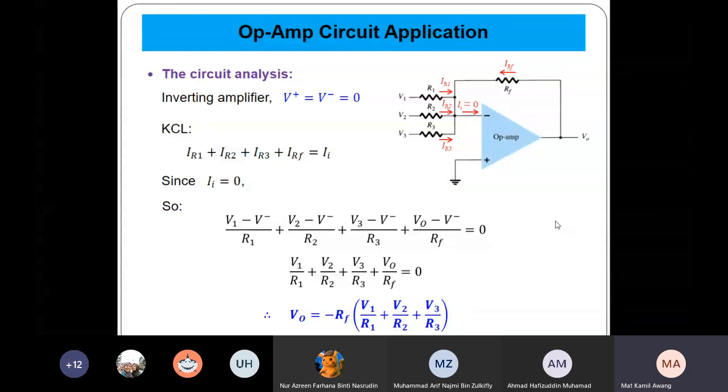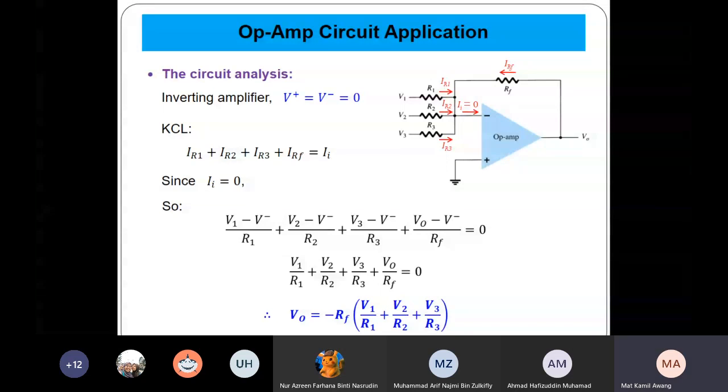So this is actually the summing amplifier. Any question? So now it's a bit more difficult, but the concept of the inverting amplifier still applies. If you look at this, this is really an inverting amplifier for V1.